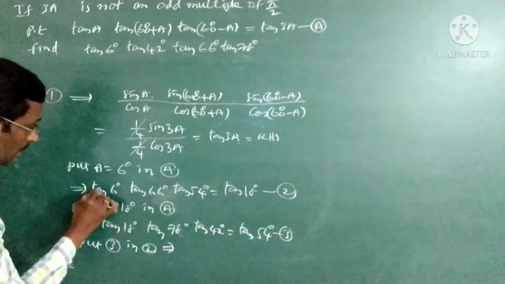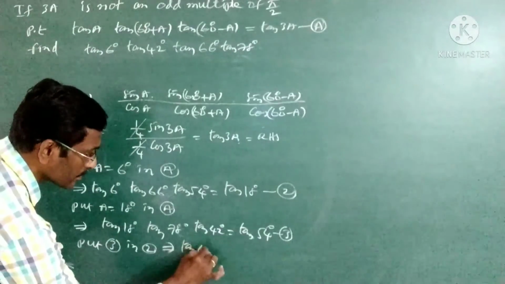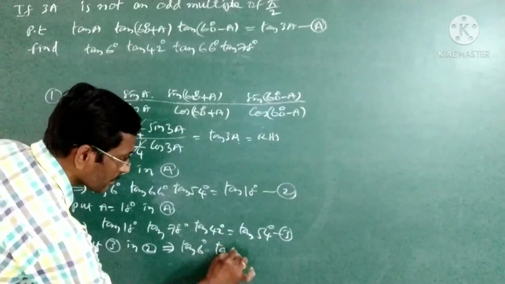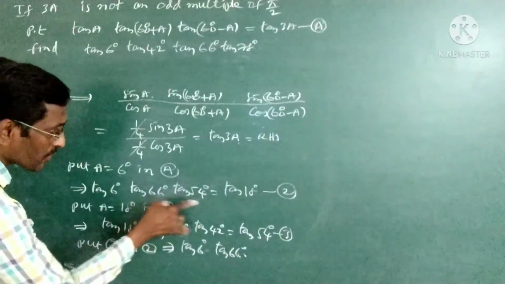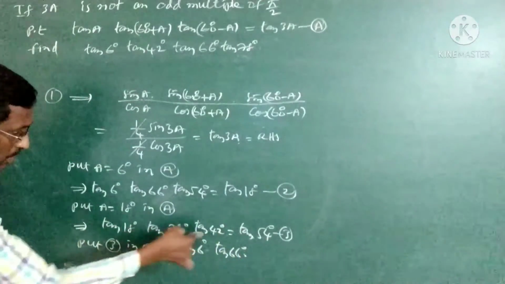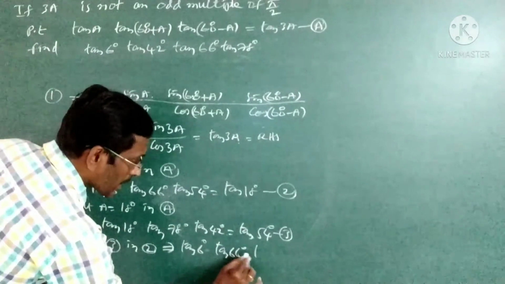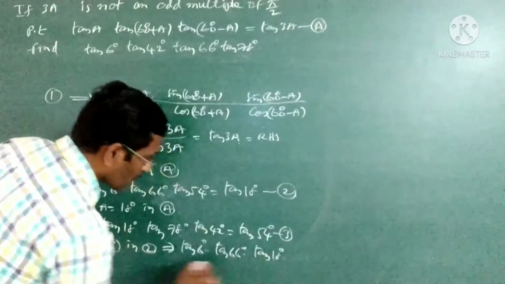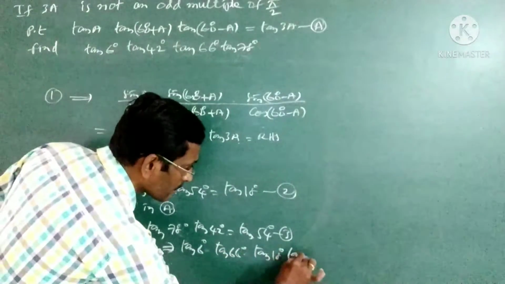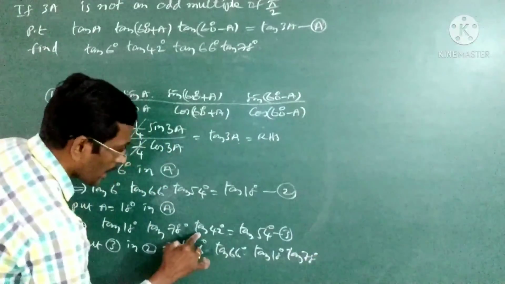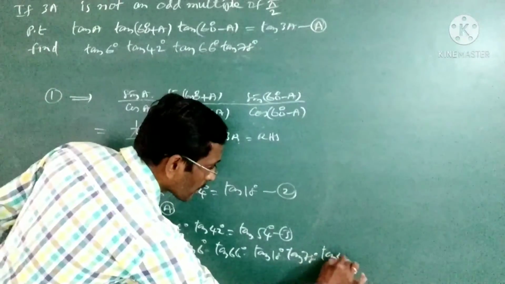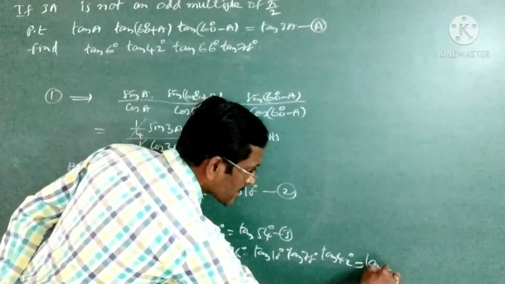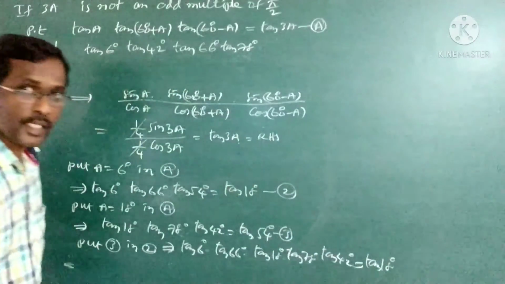Implies tan 6 as it is, tan 66 as it is, tan 54, what is the tan 54? It is the value tan 18, tan 78, tan 42, which equals tan 18 as it is.